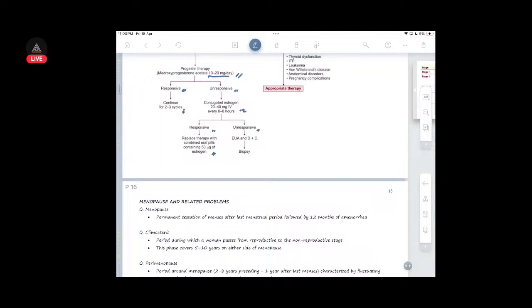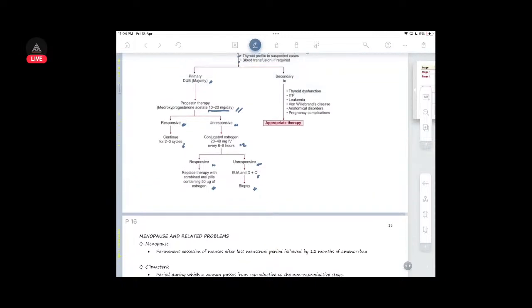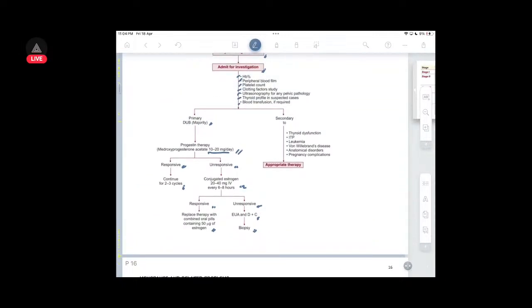If it is not responsive, then you give exploratory EUA and D&C, and you do biopsy. EUA is basically inspection, or just opening and seeing if there is any lesion in the uterus.